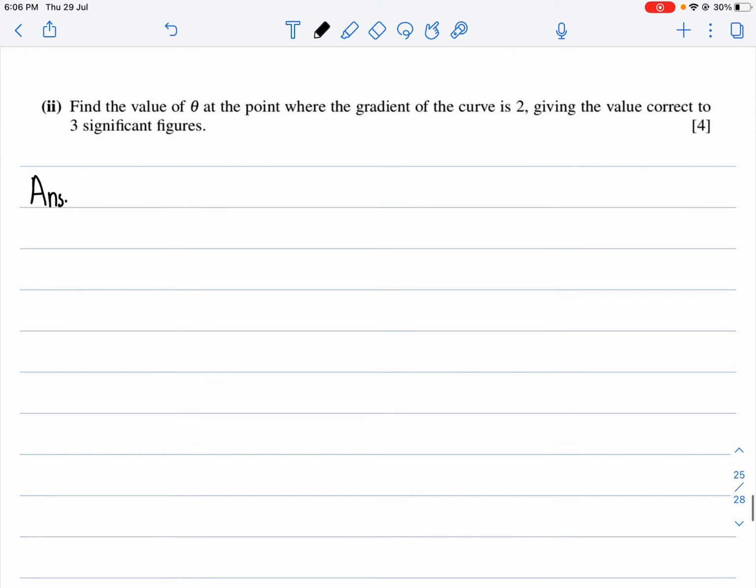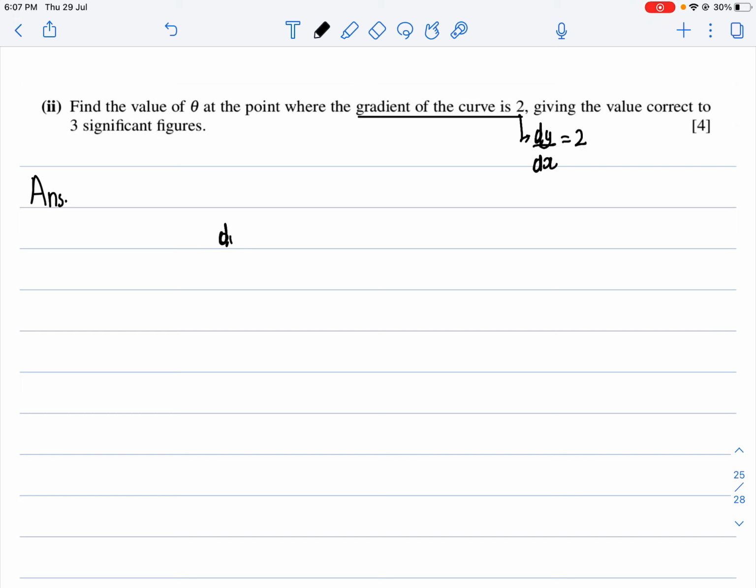Now the second part, we need to find the value of theta at the point where the gradient of the curve is equal to 2. That means my dy by dx is equal to 2. Okay? I need to give the answer to 3 significant figures.